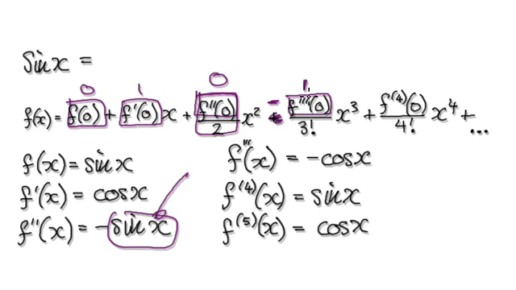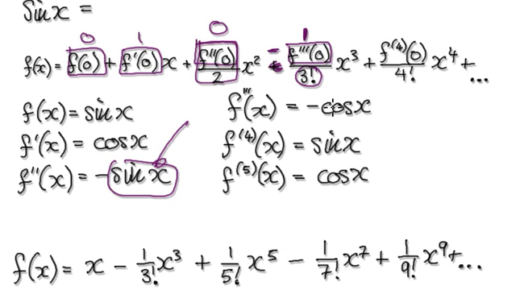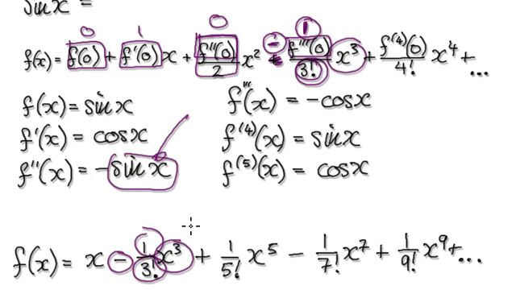So this block here would be 1. So it would be 1 over 3 factorial. Okay, and so that would be minus 1 over 3 factorial x to the power of 3.